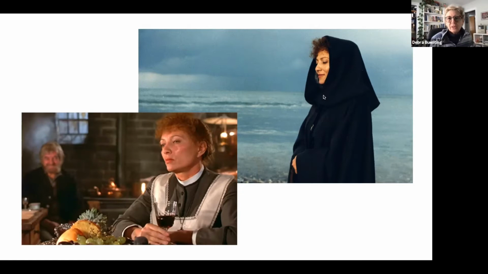And so you see this huge contrast within the film of this very stark blue light along the sea in Denmark, and then the contrast of that with Babette and the love and the warmth and the generosity that she brings into this community, by making them a very special meal.